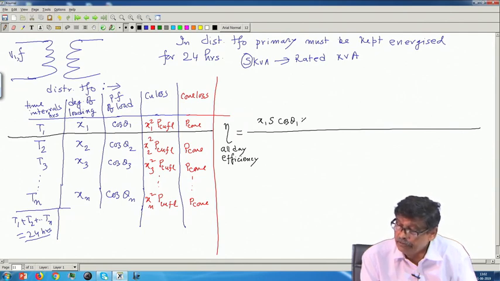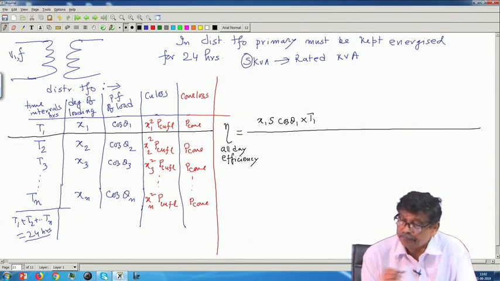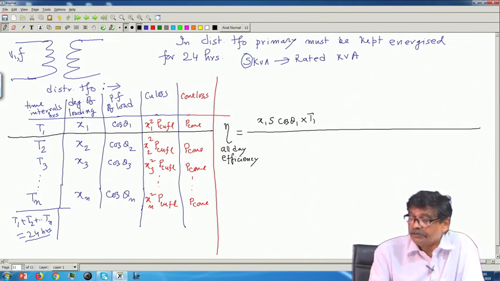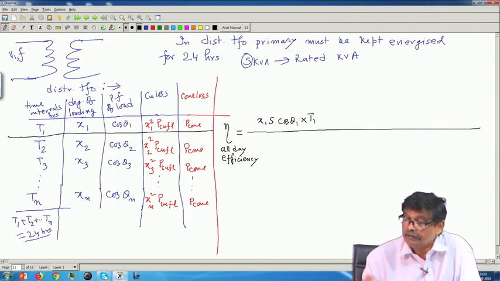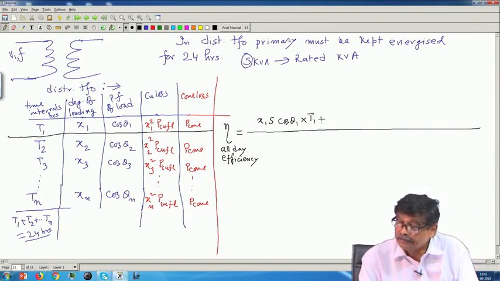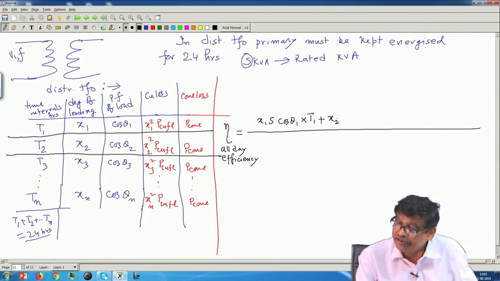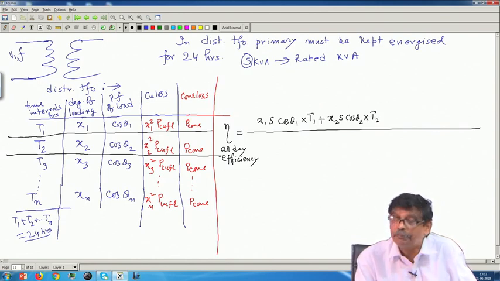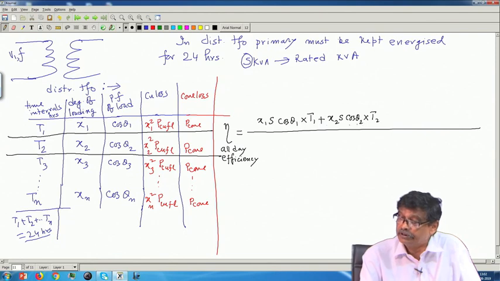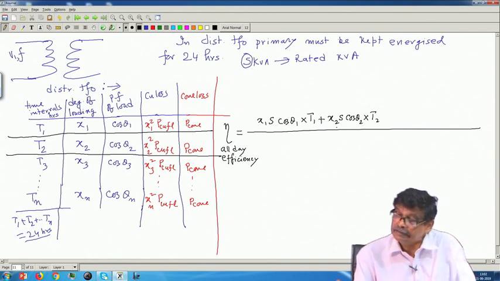In the first T 1 hours, so much kilowatt hour, plus x 2 S cosine theta 2 into T 2 for the next T 2 hours. This is not x multiplication, multiplication into T 2, x is here curly.